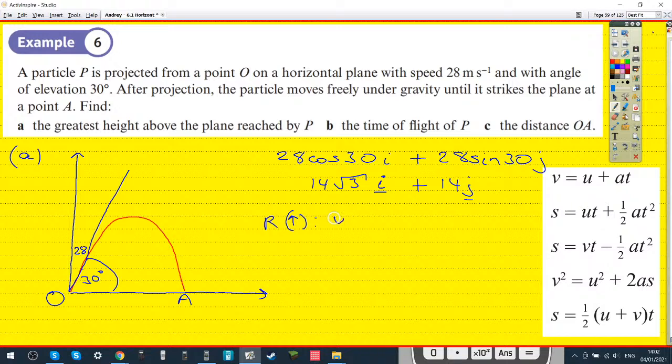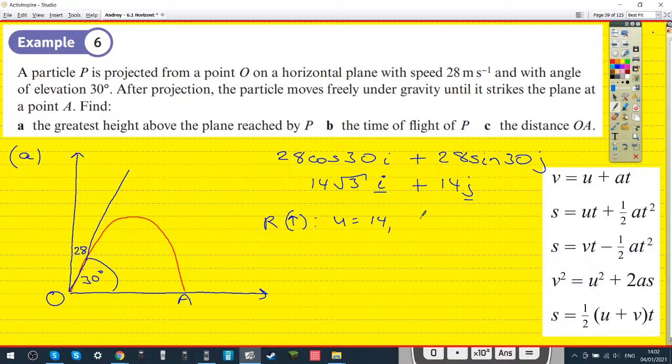So originally, given a force of 28 at an angle of 30 degrees, that means it was like 14 root 3 to the right and 14 up. That's basically how it works. Okay, that's one thing you know. And so U is 14.